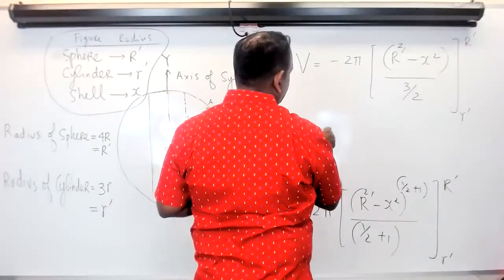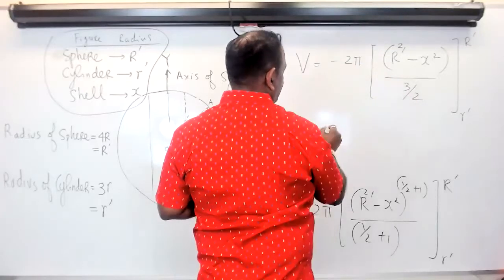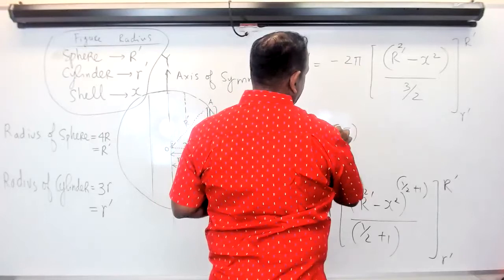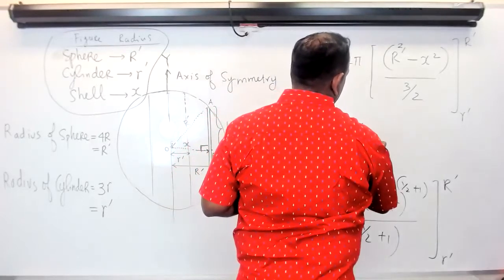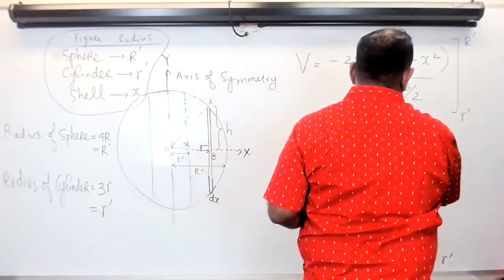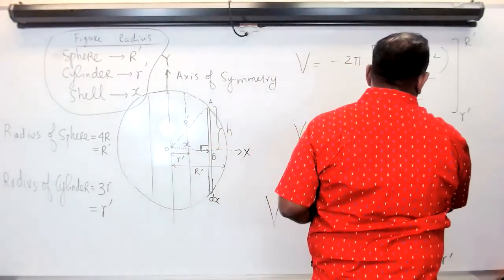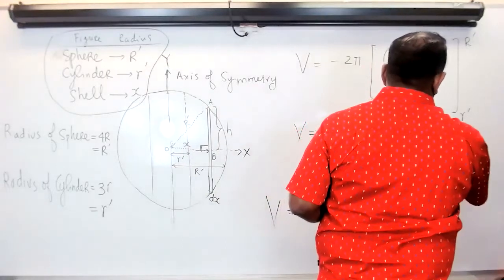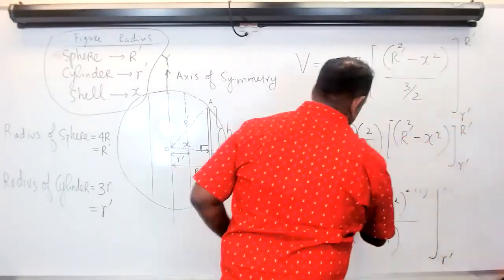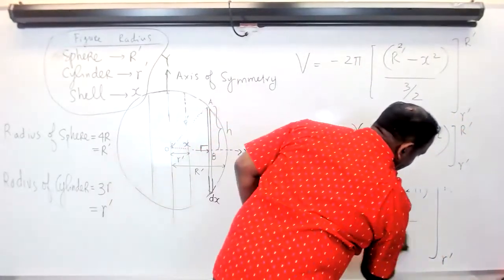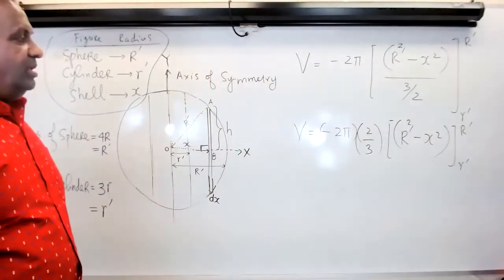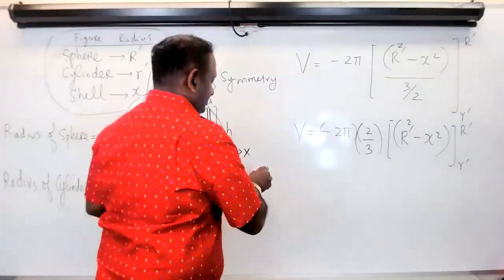Then V is, I'm going to take this 2 to the top. See, I flip 2 pi and this one 2/3. 2/3 times you have R prime squared minus x squared, small r to capital R. So, let's make it a little bit more.